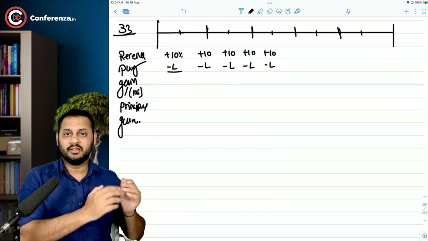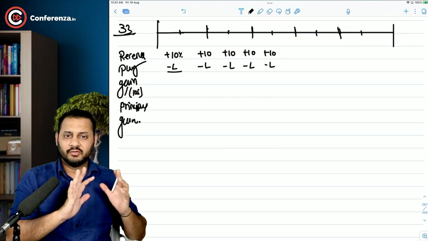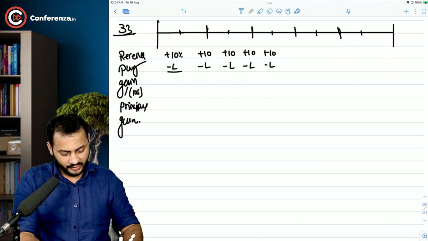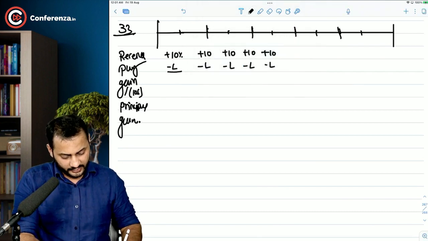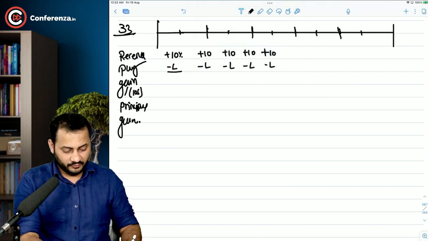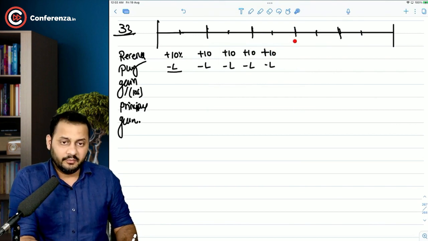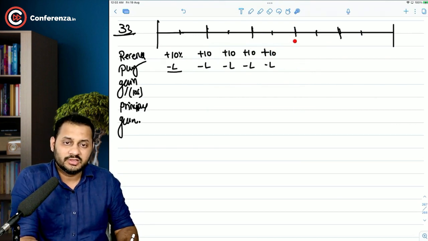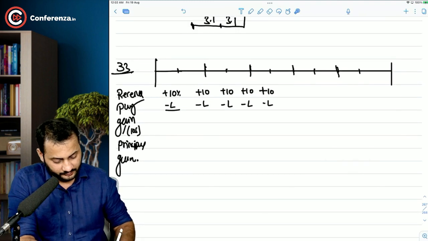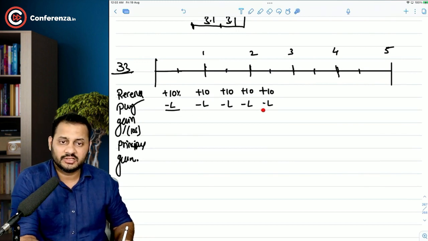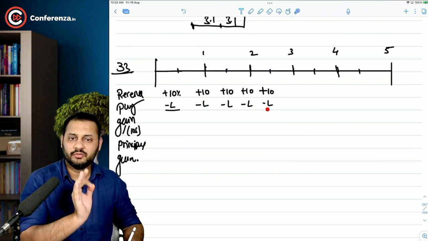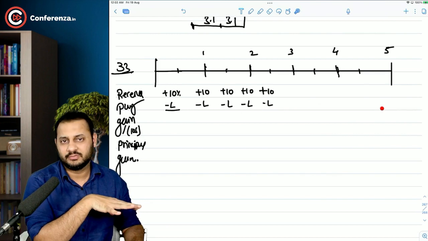Understand what happened next. Everything went very perfectly till this point. But when we came to this third year end, 1, 2, 3, 4, 5, you can say that half of the settlement is done, half period of the swap is completed, half is pending.